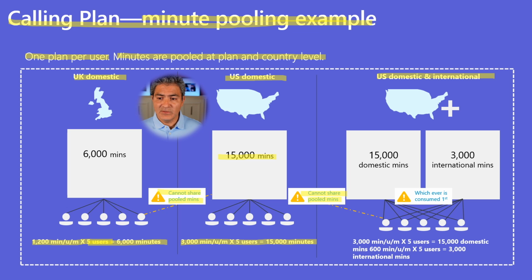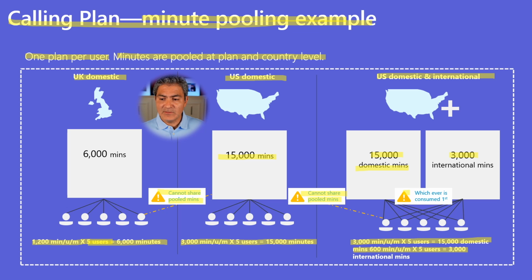And then this right hand side example that has the domestic minutes, which is 3,000 for 5 users, and a total of 3,000 international minutes because you're getting 600 minutes per user per month times 5. Now, what's interesting here is it says whichever is consumed first.